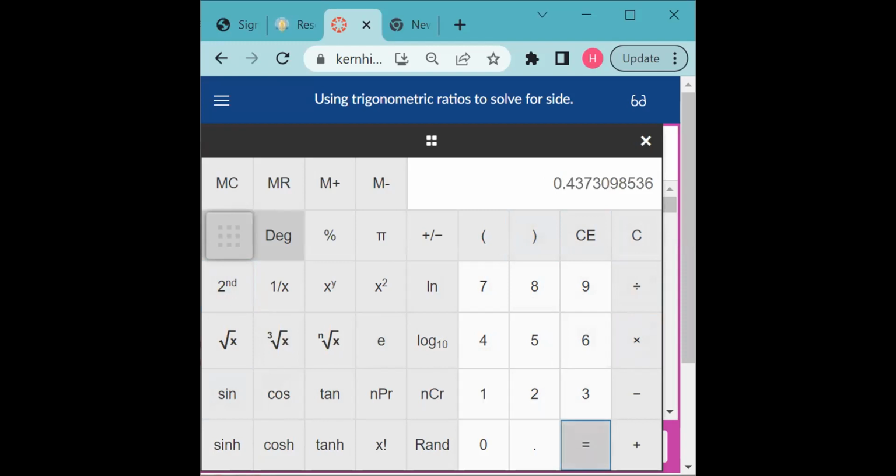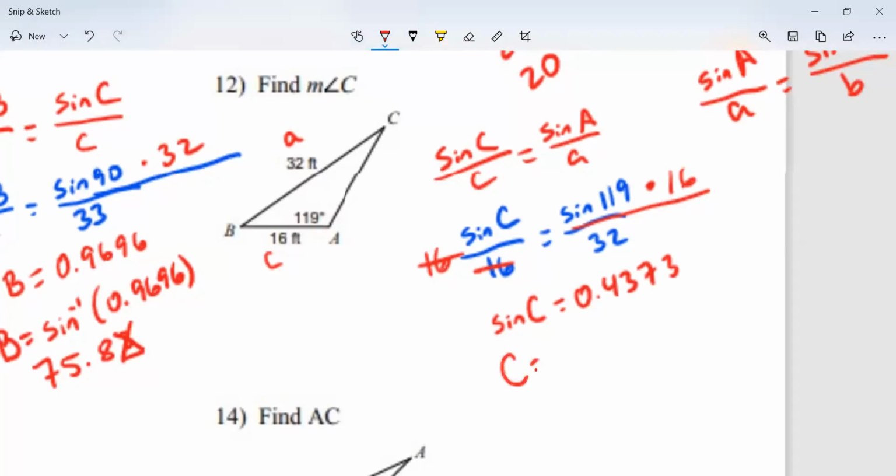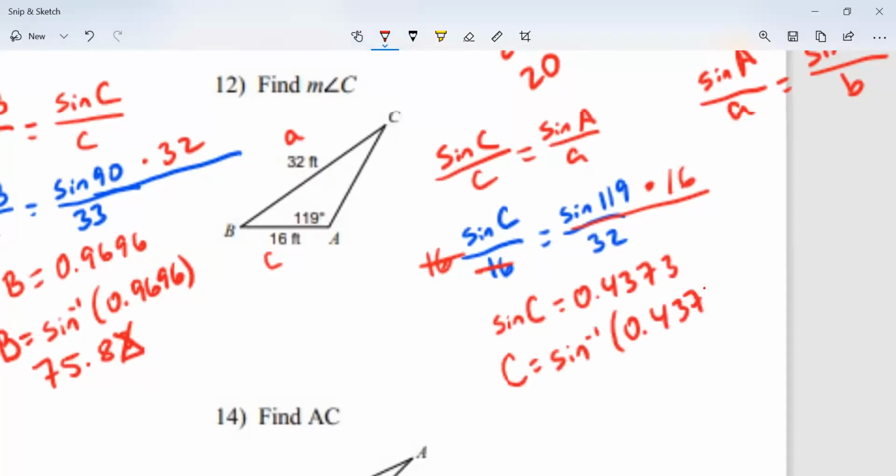0.4373. I'm using 4 decimal places. So 0.4373. Now sine inverse, I'm going to use that for angle C. I'm going to use sine inverse of 0.4373.